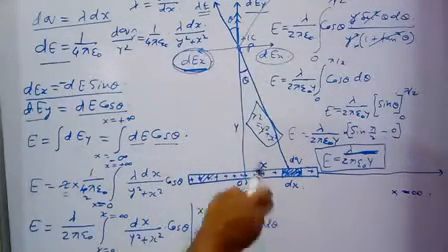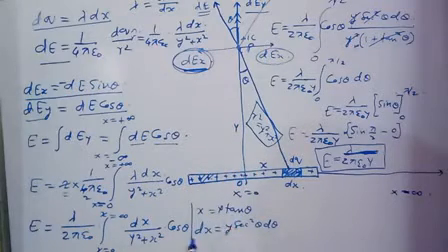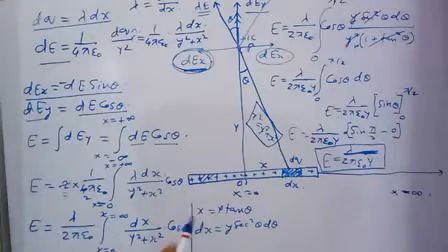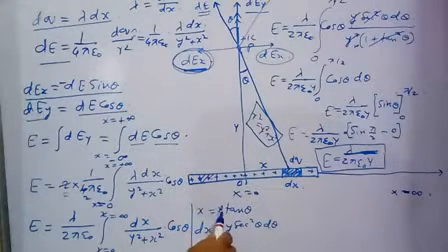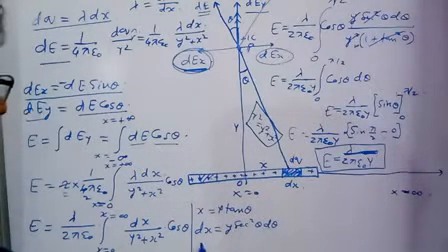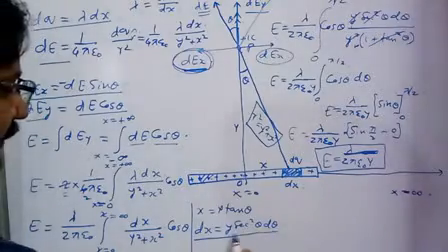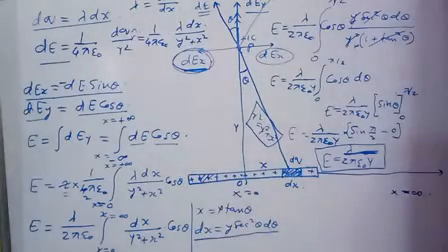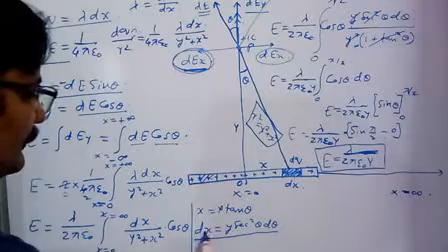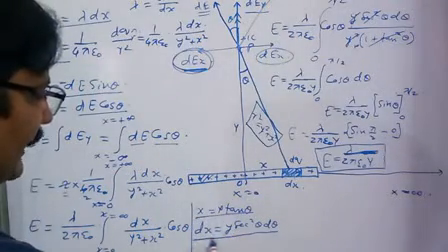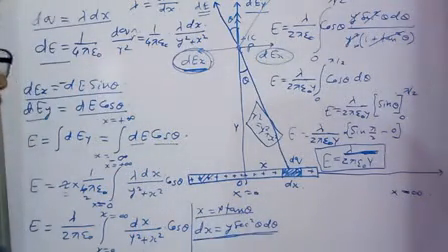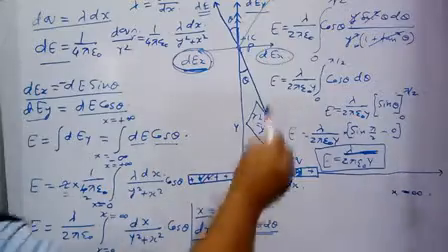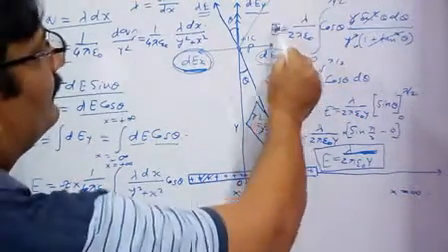So x can be written as y tan theta. If we differentiate this equation with respect to theta, dx by d theta is going to be y sec square theta. Therefore the value of dx is y sec square theta d theta. Now putting these values of x and dx in the previous equation, we can get the expression for the electric field at point P.